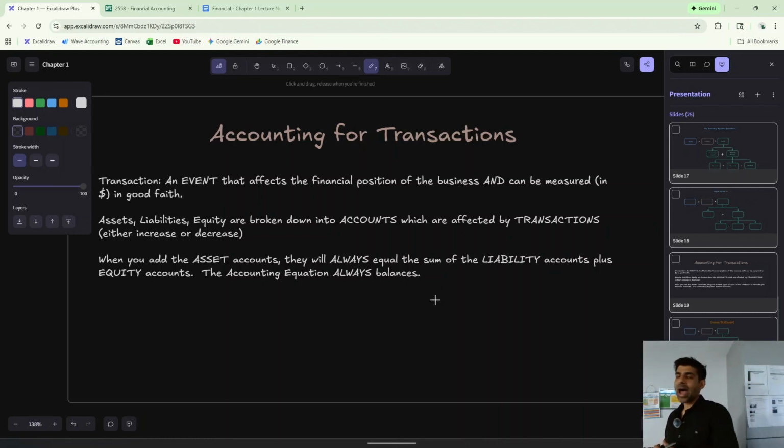We're going to break down assets, liabilities, and equity into accounts. So assets, what are the different accounts? Cash, buildings, land, vehicles, investments. These are all accounts in the subcategory of assets. They're all different types of assets.